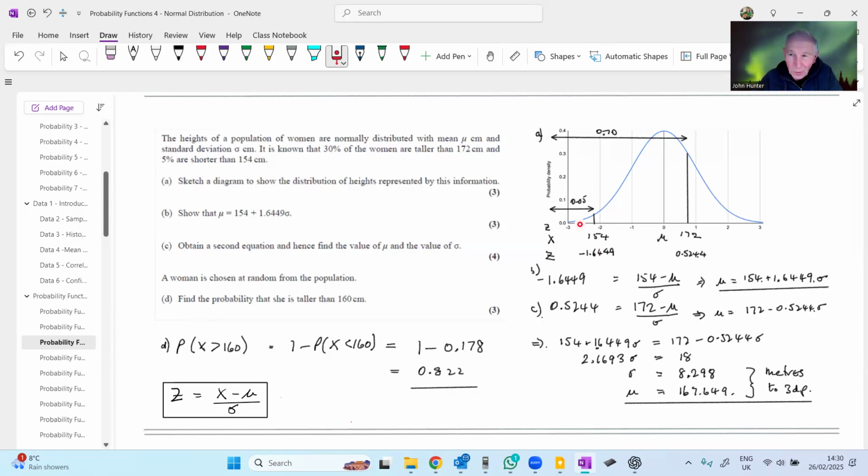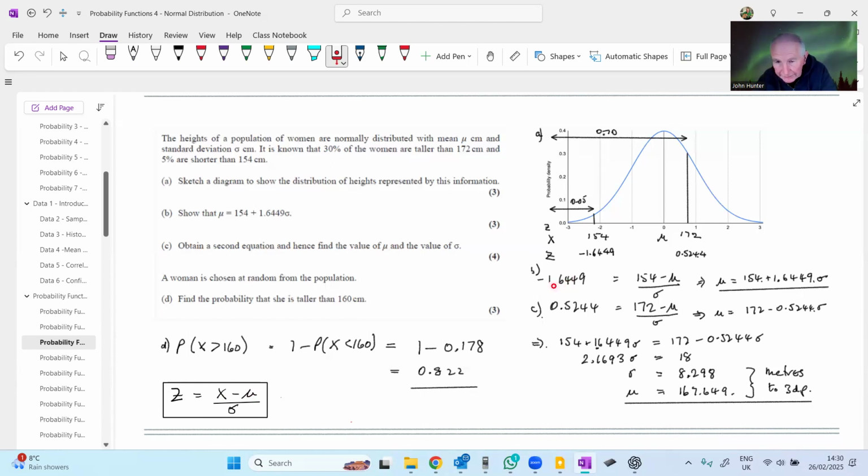And what we want to do is relate that to this 154, these corresponding values. So we're using this little formula here. So Z, which is minus 1.6449, is going to be equal to the X value, which is 154, minus the mean, we don't know, divided by the standard deviation, we don't know.